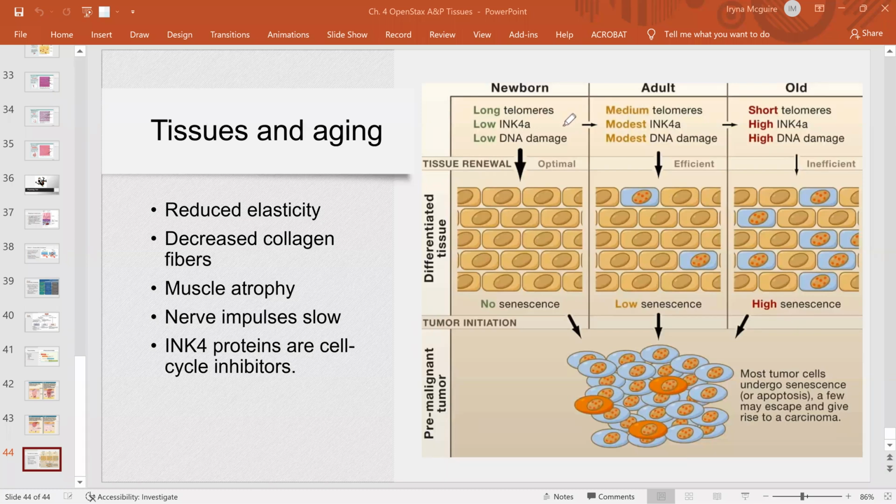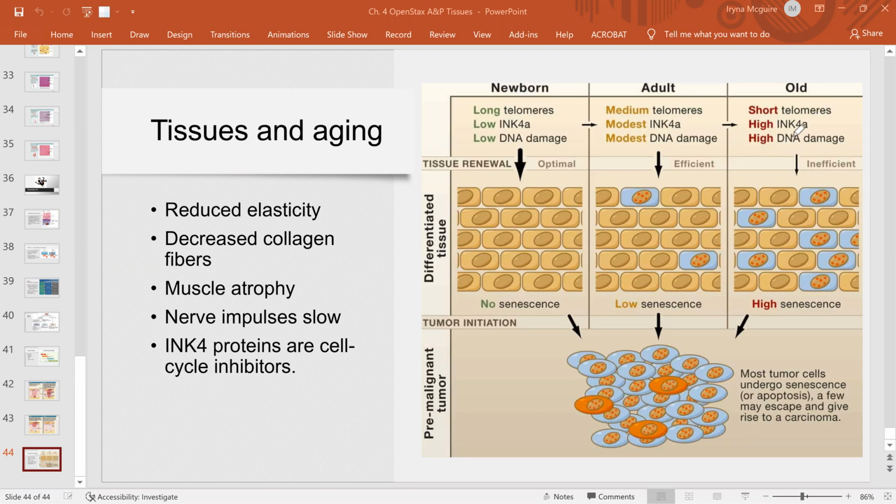So let's see first what we know, because some of this you guys need a little bit of explanation, but you can see that we have low DNA damage in a newborn, then we have modest DNA damage, and we have high DNA damage.